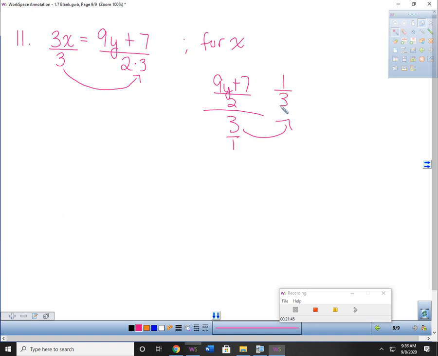It ends up being flipped, and then it's just the 2 times the 3, right? The top doesn't change. So I got rid of the 3. X equals 9y plus 7 over 6.